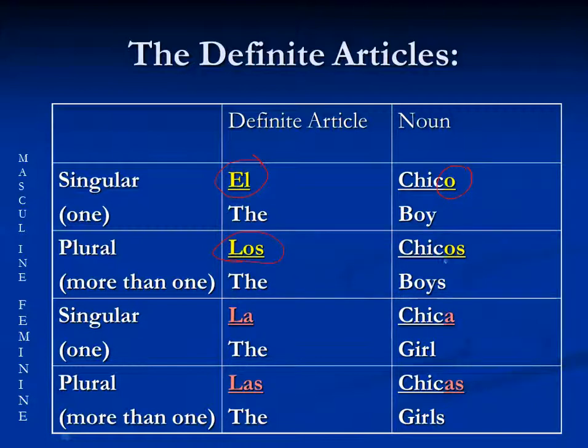To indicate that there's more than just one boy, it's going to end in os. And for feminine, we have la, or the. To indicate that it's a feminine noun, it's going to end in an a. And to make it plural, we're going to say las chicas. To indicate that we've got more than just one girl, you're going to end in as.